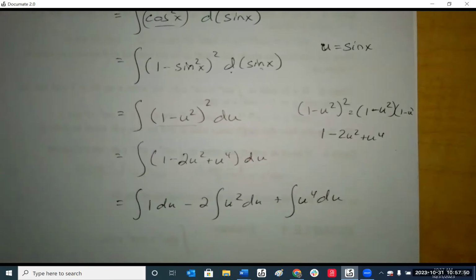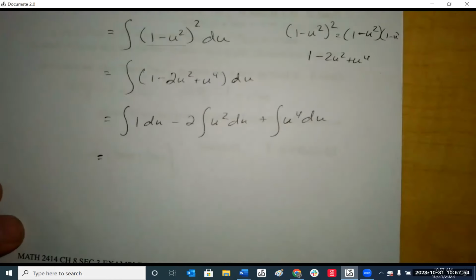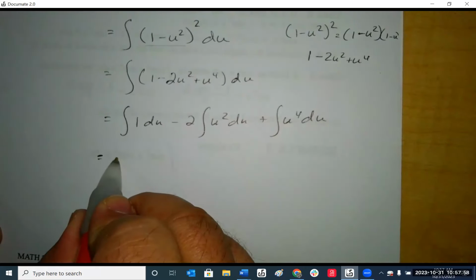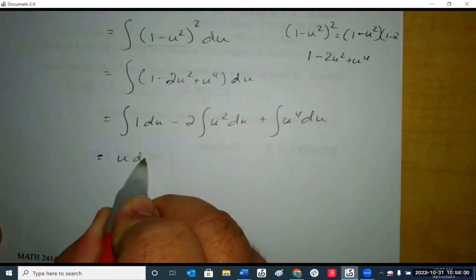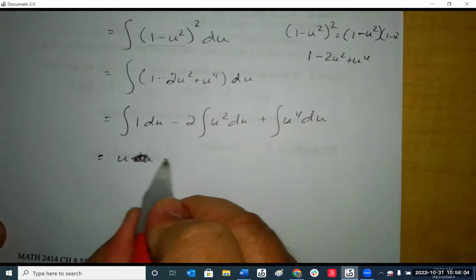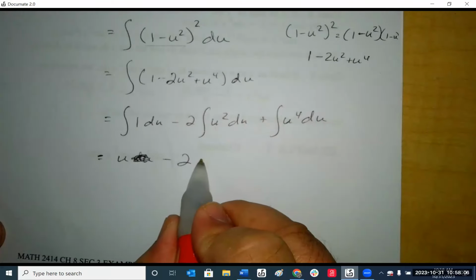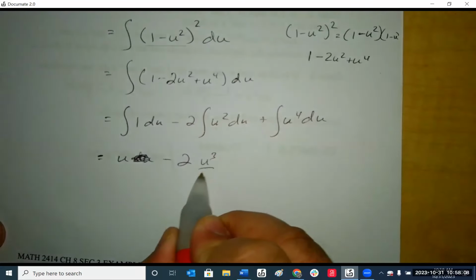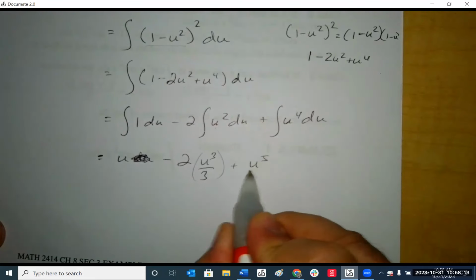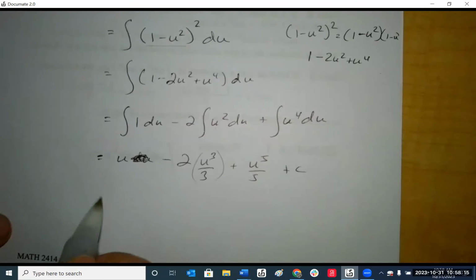Now I can just do each one of those separately. Integral of 1 is u. That takes care of the du. Then u cubed over 3, u to the 5th over 5, plus c.